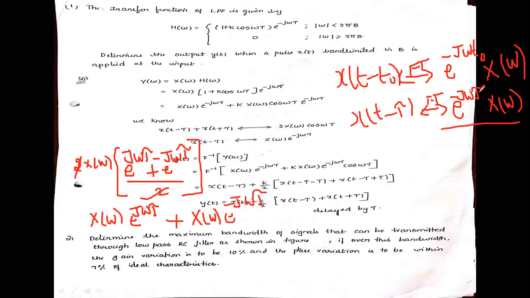Here X of omega e power minus j omega tau is the function we call the inverse Fourier transformation x of t minus tau, and X of omega e power j omega tau, with the plus, gives x of t plus tau. So x of t minus tau plus x of t plus tau is the function 2 X of omega cos omega tau.